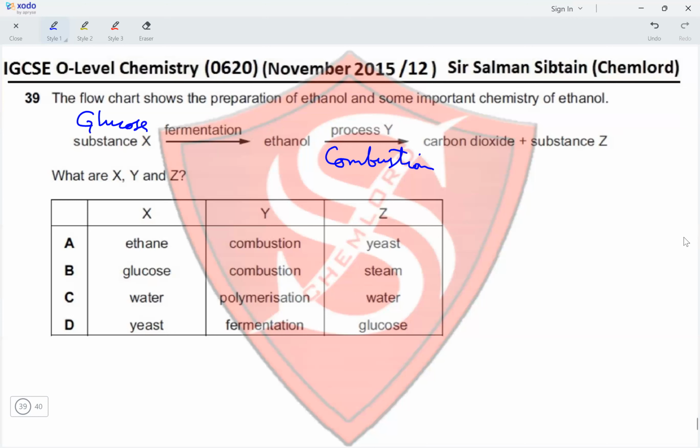And combustion produces carbon dioxide and water in case of hydrocarbon or anything that contains carbon, hydrogen, and oxygen, which is the case with ethanol. So X is supposed to be glucose, eliminating options A, C, and D. So option B is correct. Y has to be combustion, and Z has to be water. And since a high temperature, it could be steam, or rather, it is steam, right? This is water in the gaseous state. Therefore, option B is the correct option for this question.